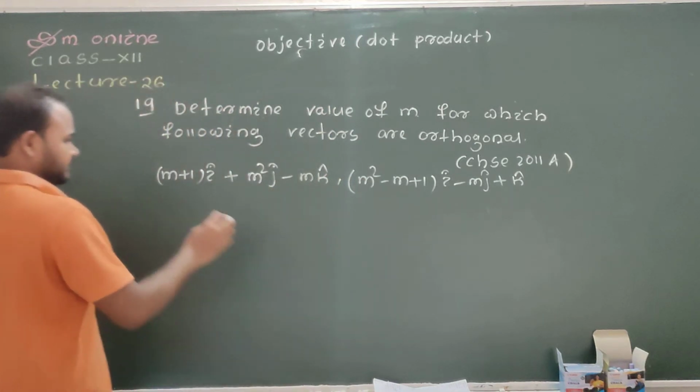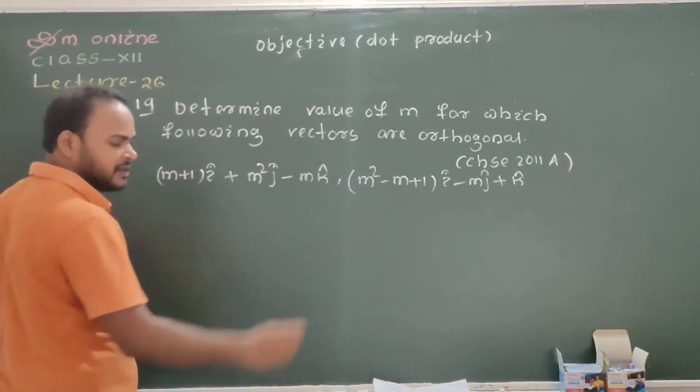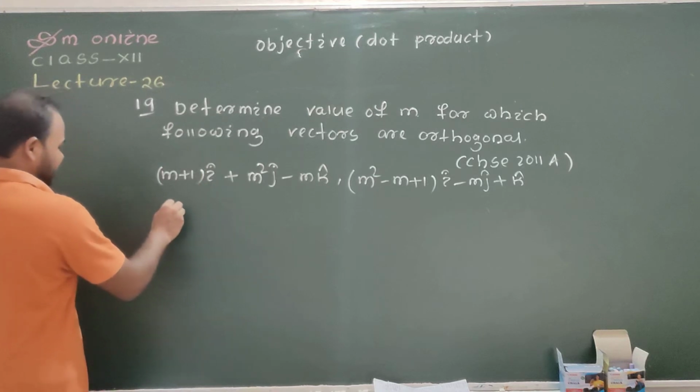Okay, now the two vectors are perpendicular if their dot product is 0.